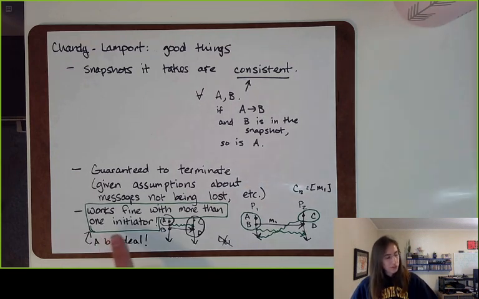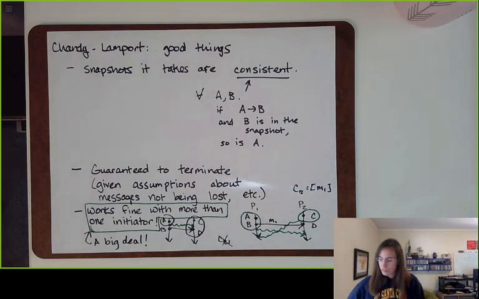So what if this wasn't true? If it wasn't true that this algorithm worked fine with more than one initiator, let's say that I wanted to take a snapshot, right? Well, what would I have to do? Well, first I would have to make sure that nobody else was taking one, right? So I would have to go around to all the other processes. I would have to send them messages and say, hey, I'm going to take a snapshot. Is that okay with you?